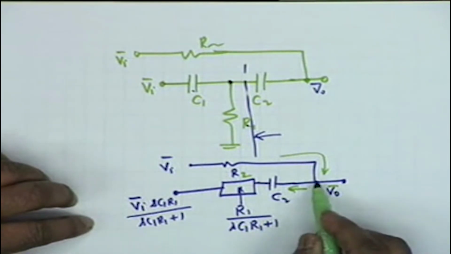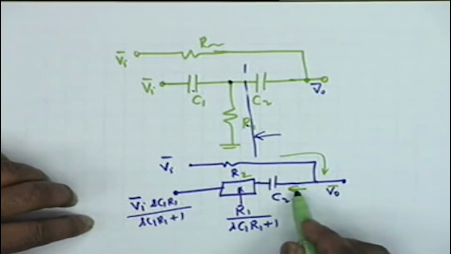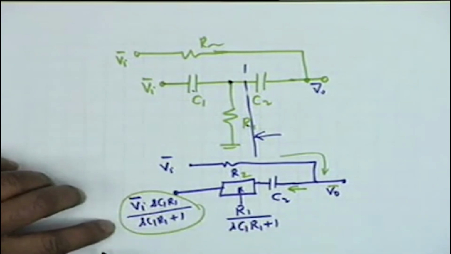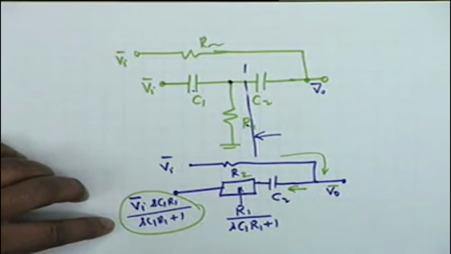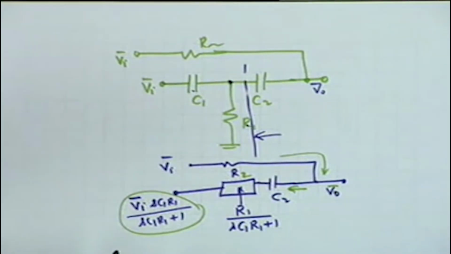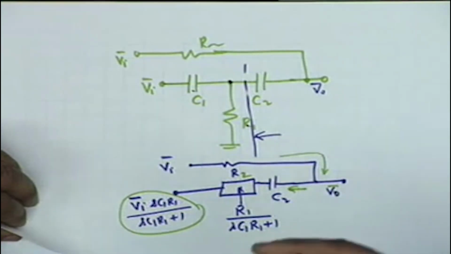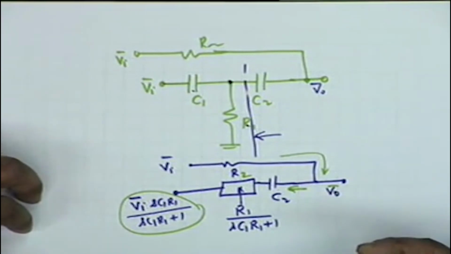KCL at this node, the current that comes must leave, and therefore this current is V0 minus this voltage divided by this total impedance. Alright, just one equation. You didn't have to write the other equation, it's by inspection, and therefore just one equation, and you solve for V0 or V0 over Vi, which is the transfer function.